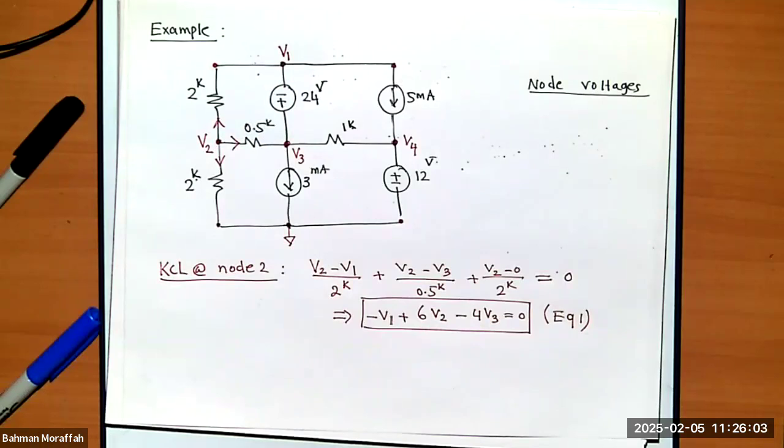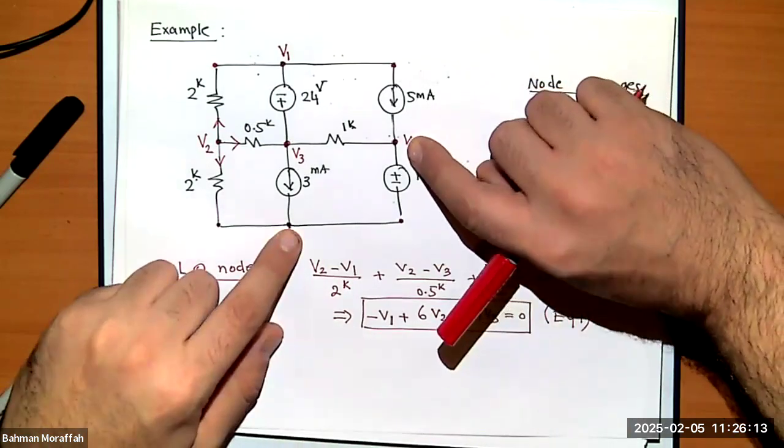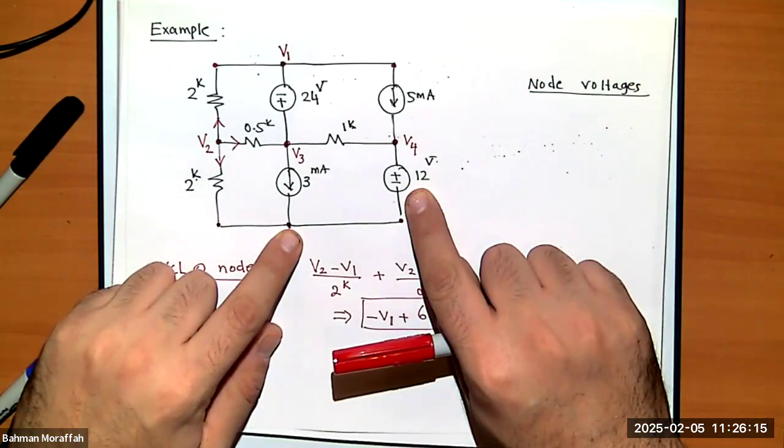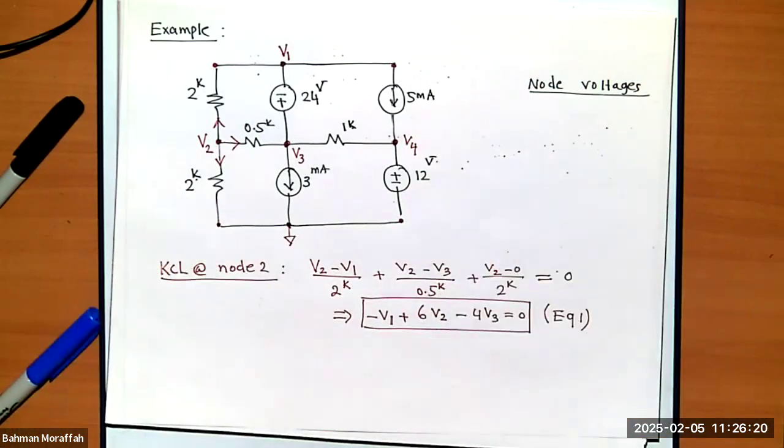I cannot because I still don't know current here, but I claim I don't really need it because I know exactly what V4 is. I know V4 minus 0 should be 12, right? So let's just sum it up and see what we have.